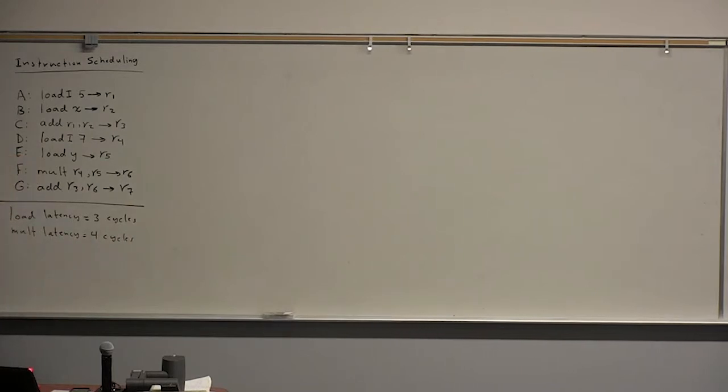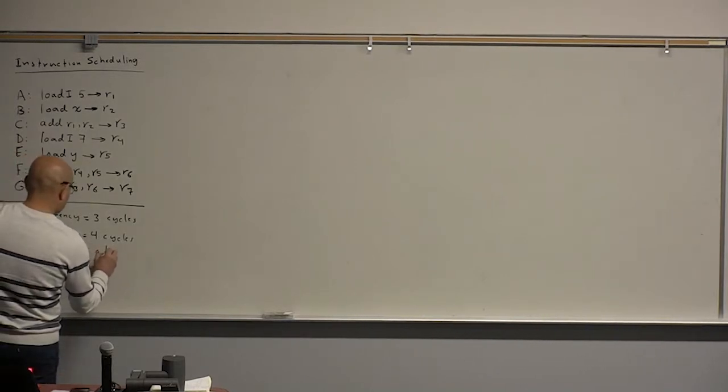So these are the long latency instructions in this example, loads and multiplies. Other instructions, load immediate and add, they have a latency of 1 cycle, so we don't have a problem. Add and other instructions have a latency of 1.